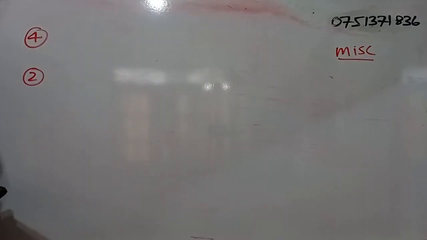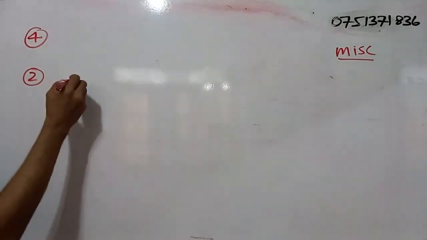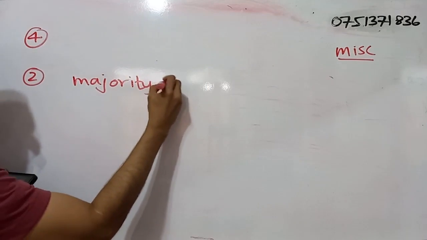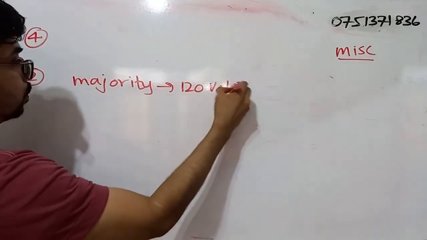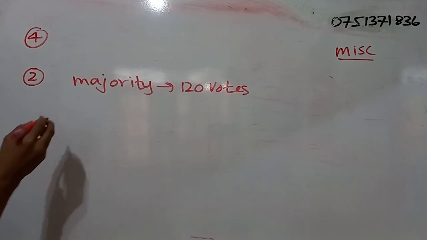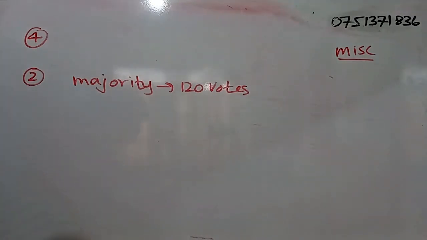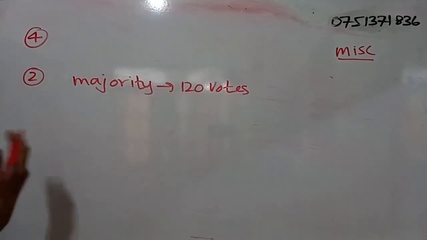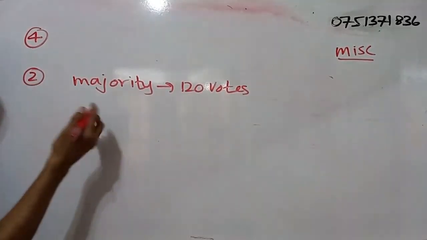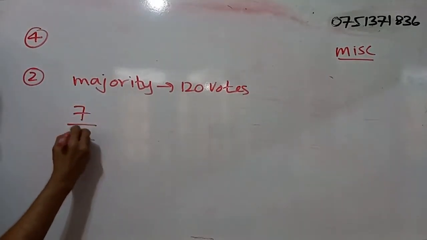Right? How many registered voters were there? The majority, that is what? 120 votes, no? That means the winner got 7 by 12 as a fraction of the votes.